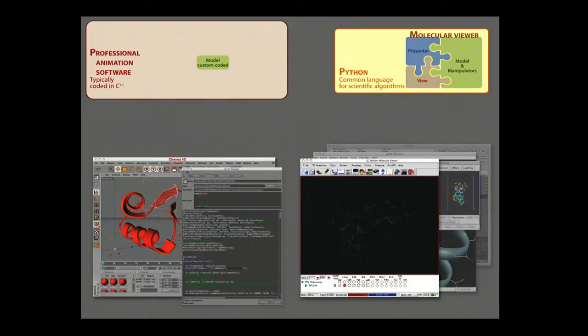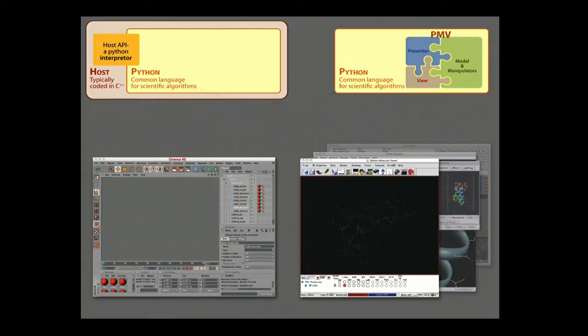And the way that he did that was essentially to marry the molecular modeling software that we've developed in our lab, and it's based on Python as the platform language.